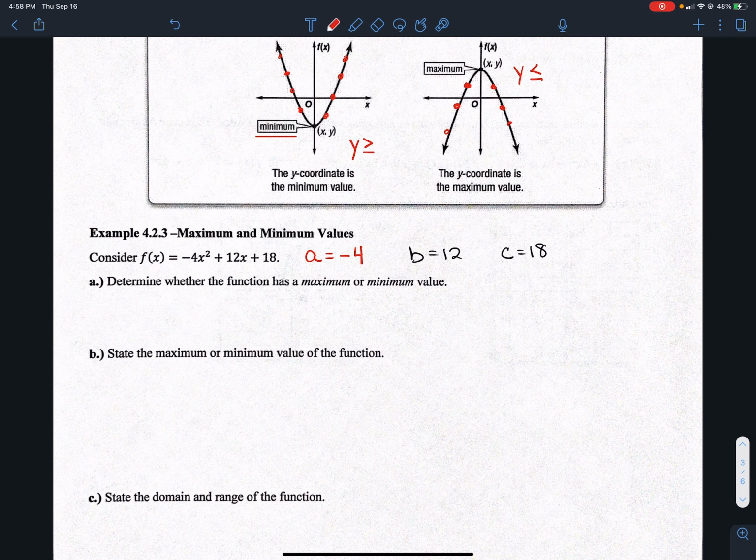However, all I'm focusing on right now is the a value. So determine whether the function has a maximum or a minimum. Well, if a is negative, and negative people frown, I'm going to find that turning point. That would be right here. That is the highest point, so that is going to be a maximum.